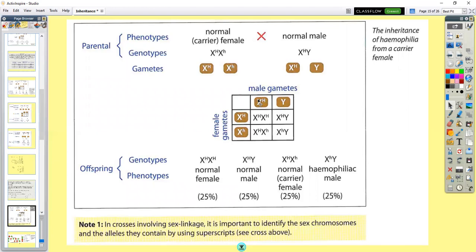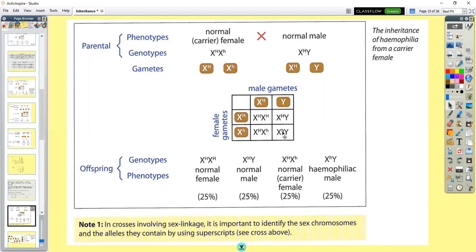This is a so-called normal male in that he doesn't have hemophilia, so he must be X big H Y. If we cross these together, there's the male gametes and female gametes. You have X big H X big H, which is a normal female. You have X big H Y, which is a normal male. X big H X small h is a carrier female, so she carries that defective gene but doesn't suffer from hemophilia.